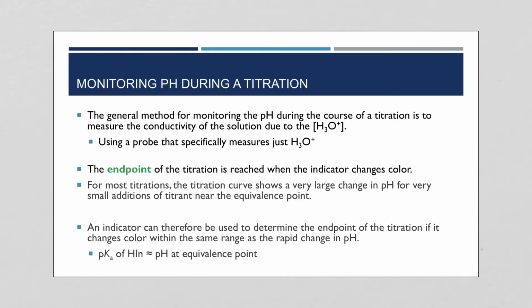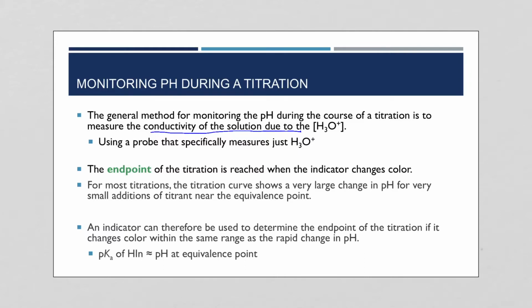So in this video, I'm going to talk about ways that we can monitor or follow a titration. One classic way to do it is simply to measure the pH. We could measure the pH with a pH probe, a device that measures the conductivity of the solution that's honed in to look at hydronium ion.